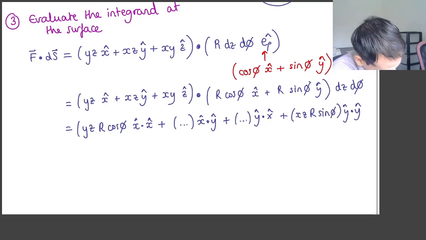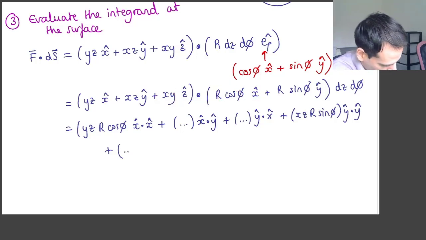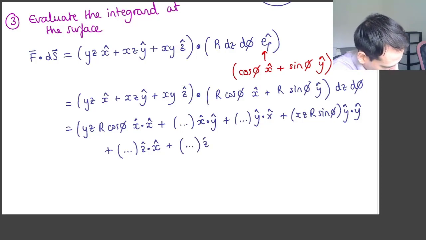And then the next term will be this times this, z hat dot x hat, which will be 0. And finally, we'll have this term times this term, something times z hat dot y hat, which will be 0.